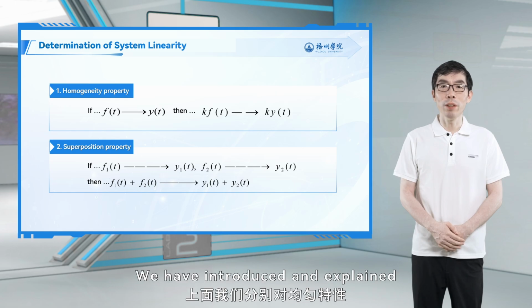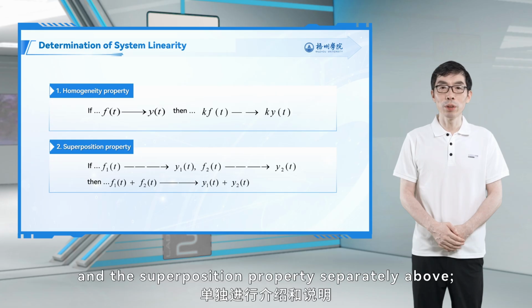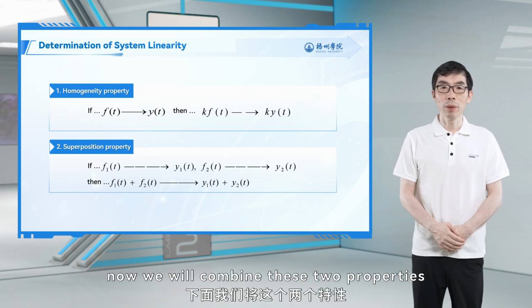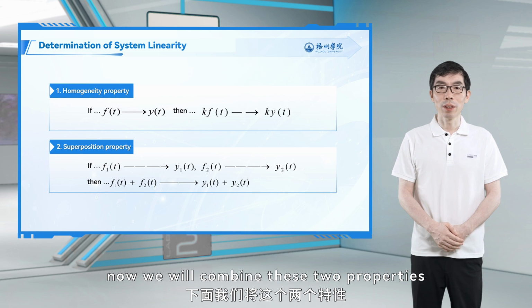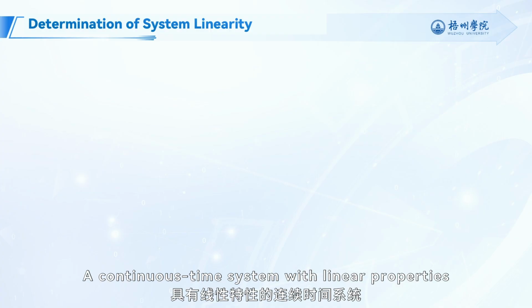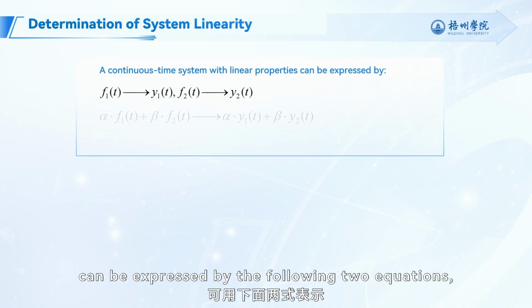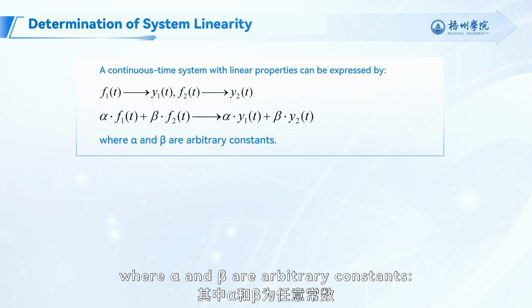We have introduced and explained the homogeneity property and the superposition property separately above. Now, we will combine these two properties into a single representation. A continuous time system with linear properties can be expressed by the following two equations, where alpha and beta are arbitrary constants.